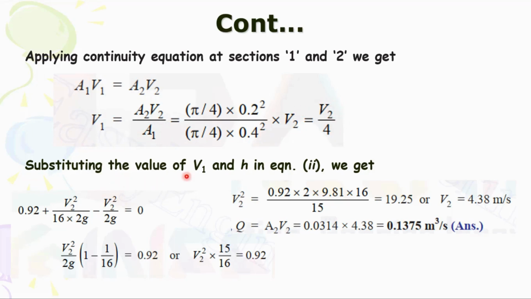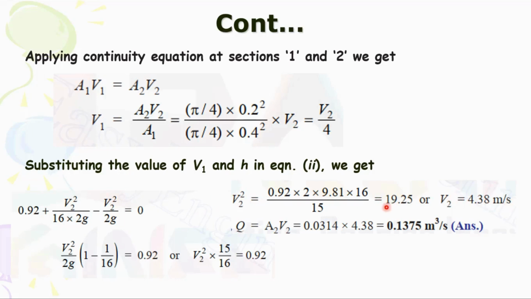So substitute the value of V1 and H in equation 2, the above equation. H is already calculated, 0.92. Then V2 square over 15 times 2G, since V2 over 4 squared gives V2 square over 16, leaving 15. From this you can find the velocity in the throat, 4.38 meters per second.